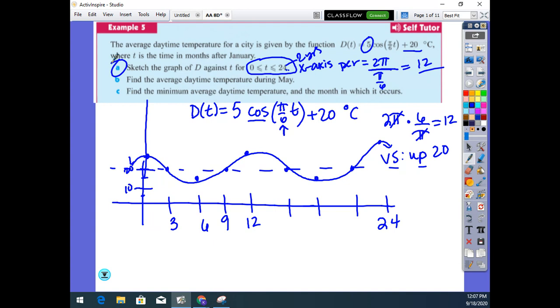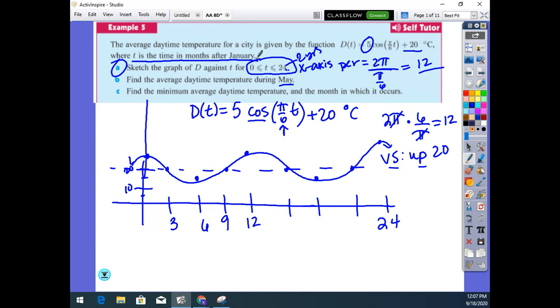What would the average daily temperature be during May? So that's where we got to think about what is May. T is the time in months after January.